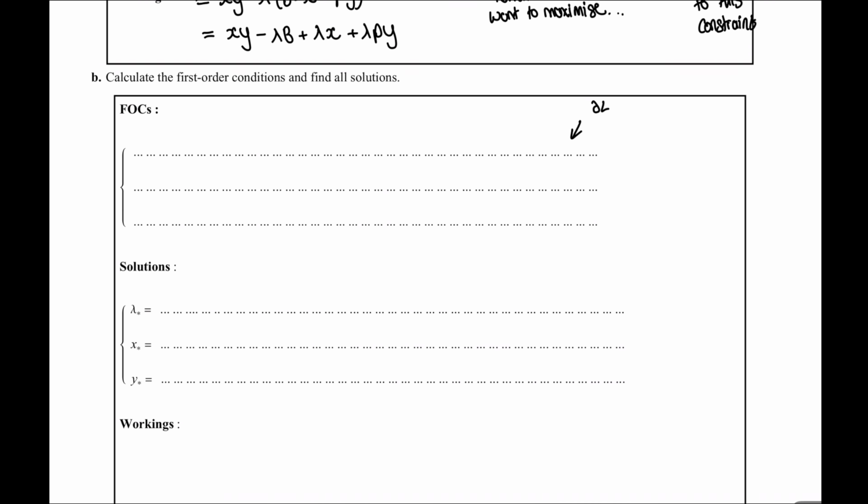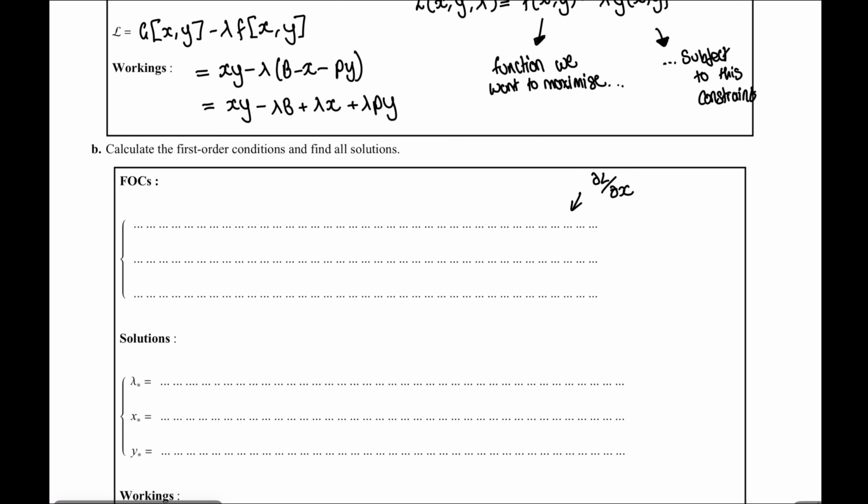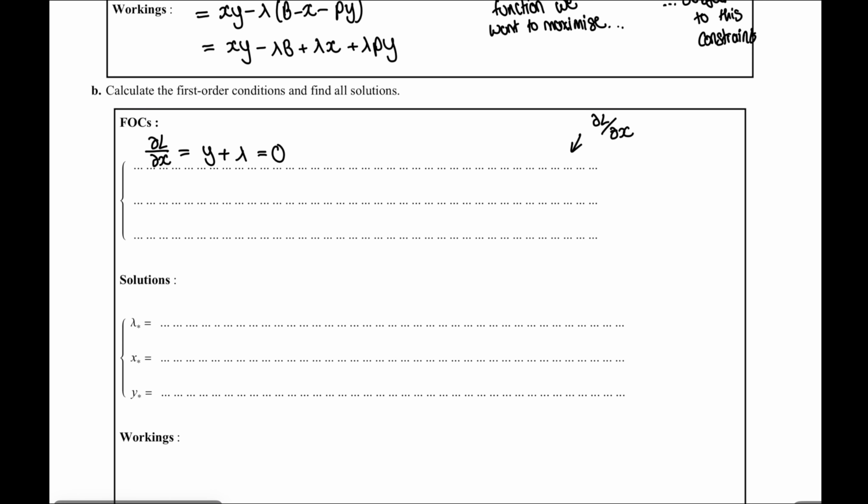We'll first differentiate the Lagrangian with respect to x, so this will be a partial derivative. We will get y when we differentiate that, and then plus lambda when we differentiate that. And of course our first order conditions are equal to 0. Moving on, if we differentiate with respect to y this time, again a partial derivative, we will get x plus lambda p.